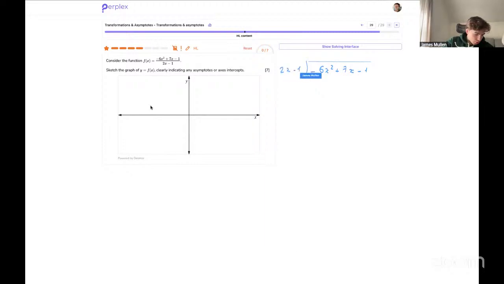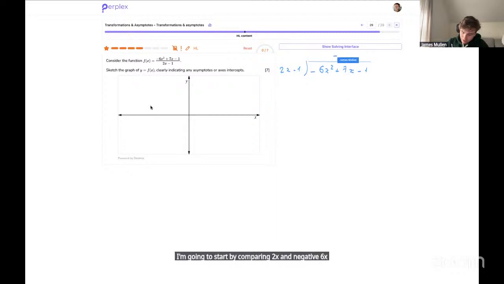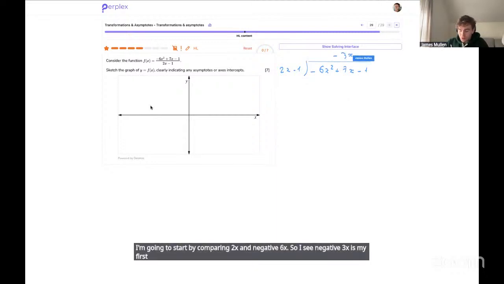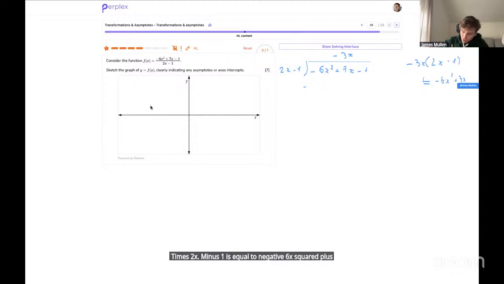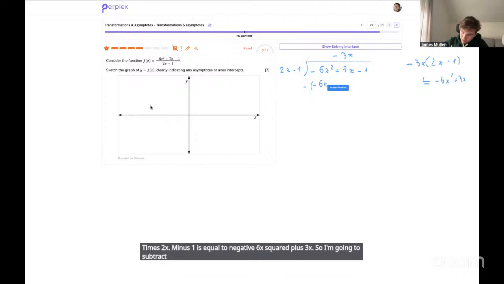Okay, so what is that going to look like? I'm going to start by comparing 2x and negative 6x. So I see negative 3x is my first term. So now I'm going to subtract. Negative 3x times 2x minus 1 is equal to negative 6x squared plus 3x. So I'm going to subtract negative 6x squared plus 3x.